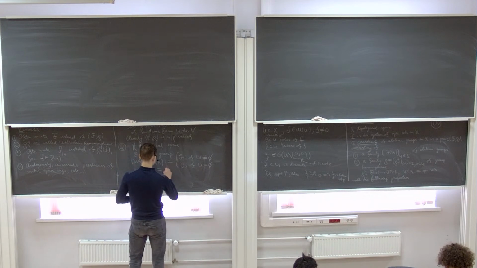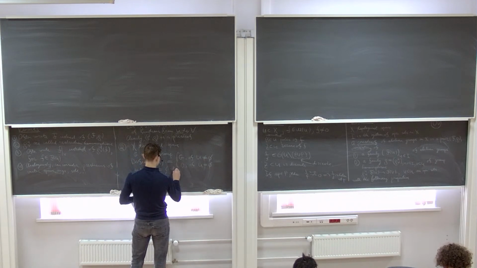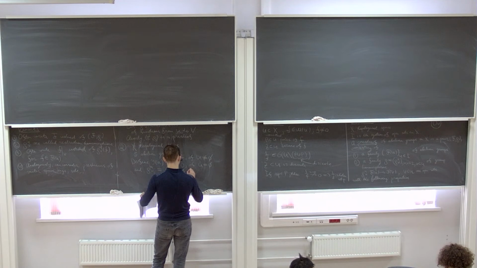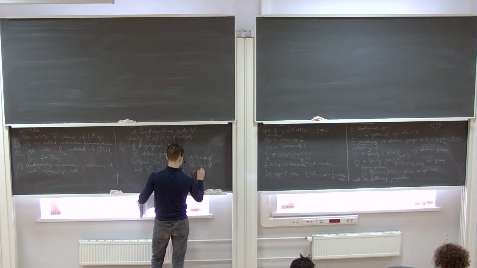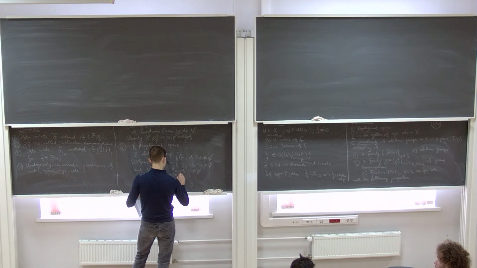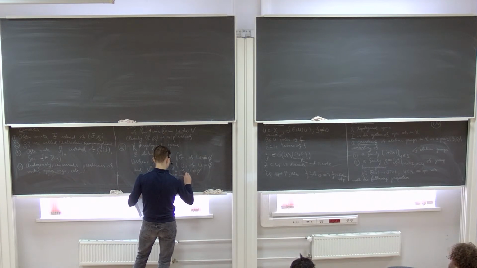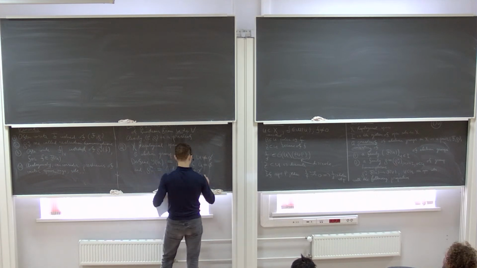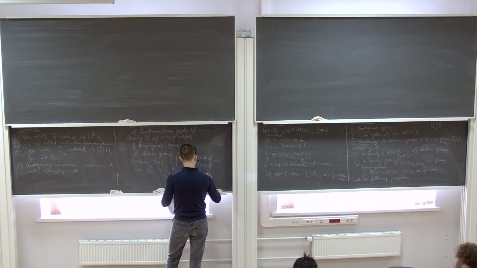It is the identity on G if V is not empty, and the zero homomorphism if V is empty.